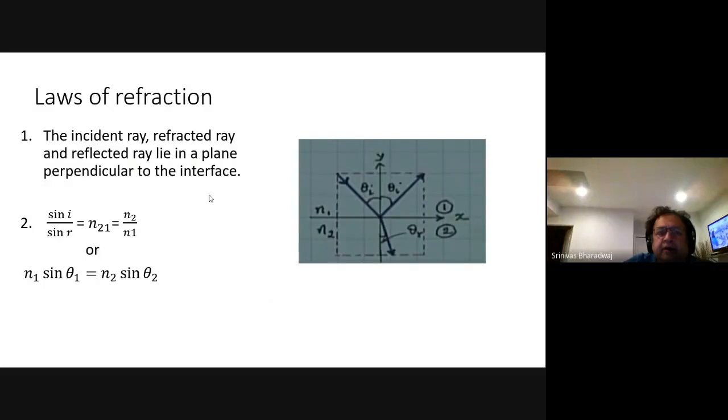The reflected ray will of course form an angle, and the angle of reflection will be the same as the angle of incidence. If it falls at this angle, it will reflect at that angle. This angle equals that angle for reflection. In refraction, there is a change in angle, and sin I by sin R comes into play.